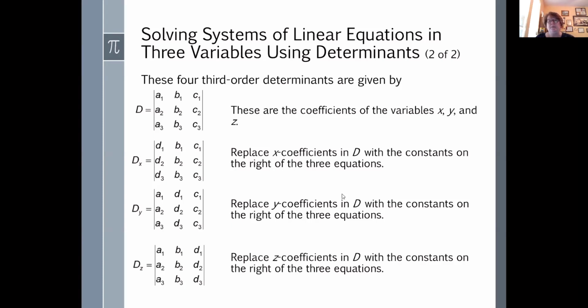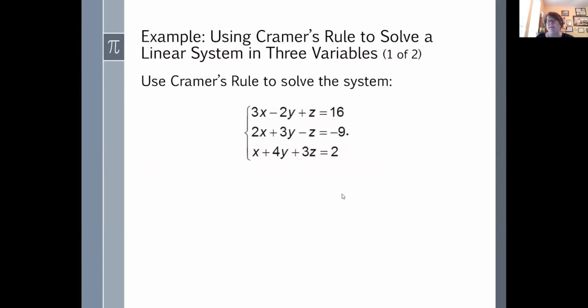D sub y is the 3x3 determinant of the matrix formed by replacing the second column in D with your constants. Replace the y column. And D sub z, you replace the third column, the z column, with your constants. So let's solve a system.